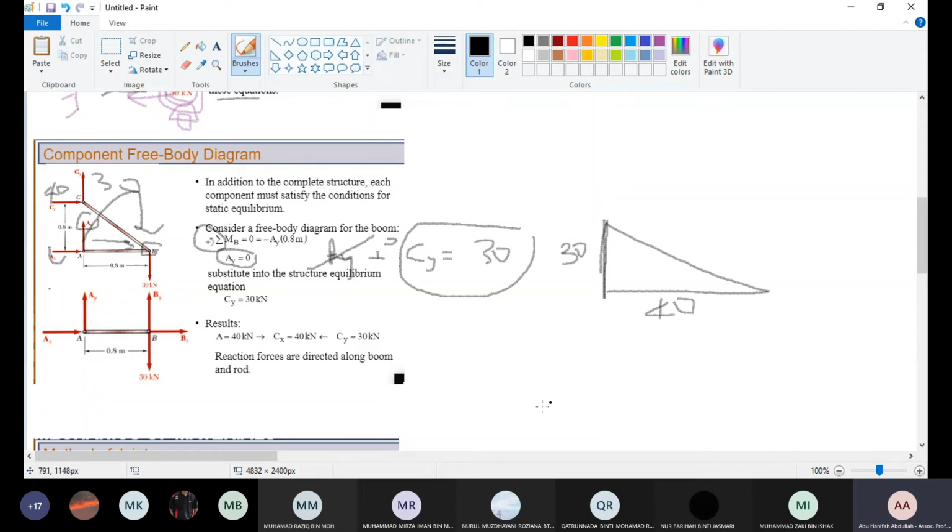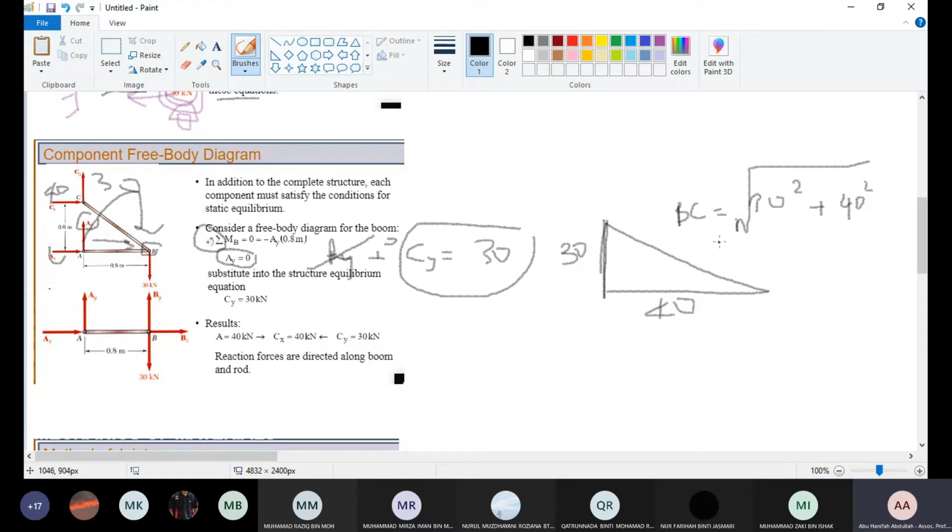And we use the Pythagoras theorem. For BC equal to 30 square plus 40 square, and square root.